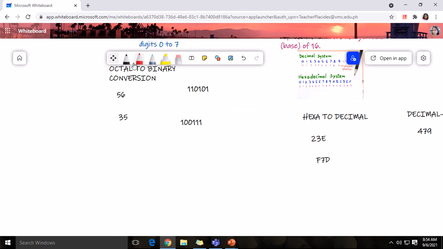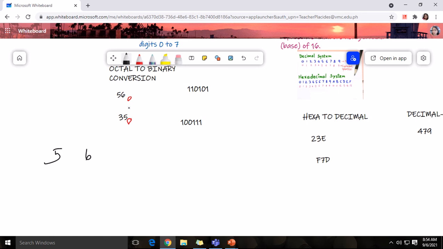At first, let's start with number 56. This one is the octal, right? So 56.